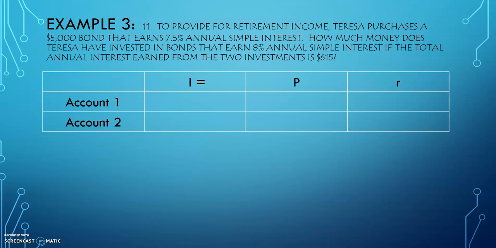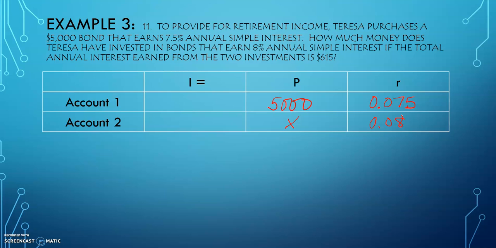Our account 1 principal is $5,000, and the interest rate that goes along with that is 7.5%, so 0.075. It asks how much we need to put in that second account, so our principal in account 2 is x. Our interest rate is 0.08.